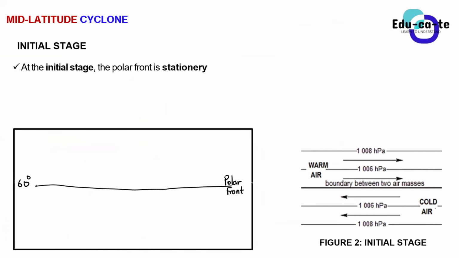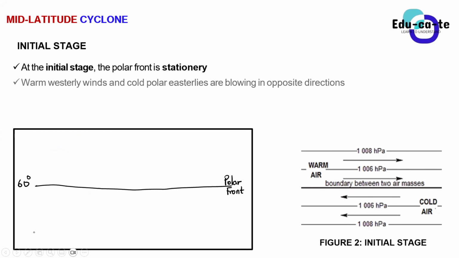This is the polar front, right? So during the initial stage, the polar front is just stationary. It is not moving. It is just a boundary separating the warm and the cold air masses. So now we are having warm westerly winds, and we are also having cold polar easterlies.